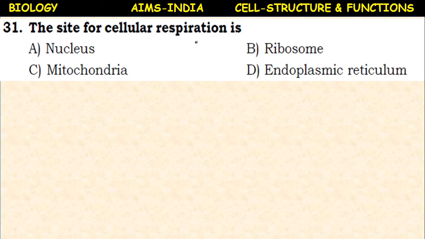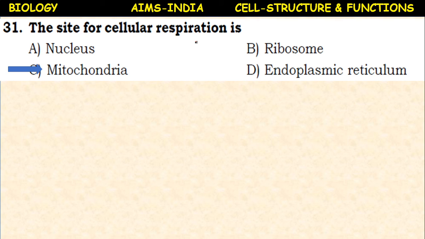Next, the site of cellular respiration is nucleus, ribosome, mitochondria, endoplasmic reticulum. Cellular respiration, the respiration which takes place inside the cell, that is nothing but mitochondria, which is called the powerhouse of the cell. What is the actual definition of respiration? The simple definition is exchange of air, that is taking in of oxygen and giving out of carbon dioxide.